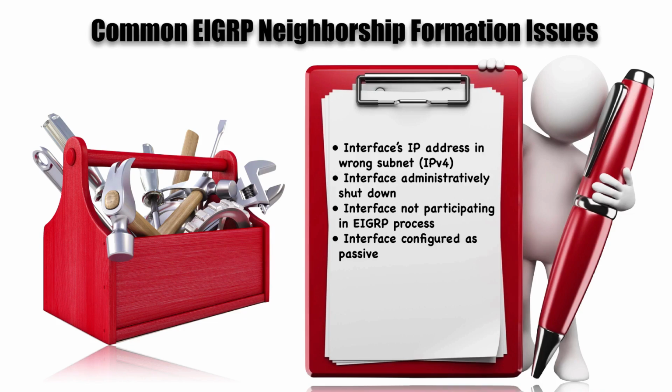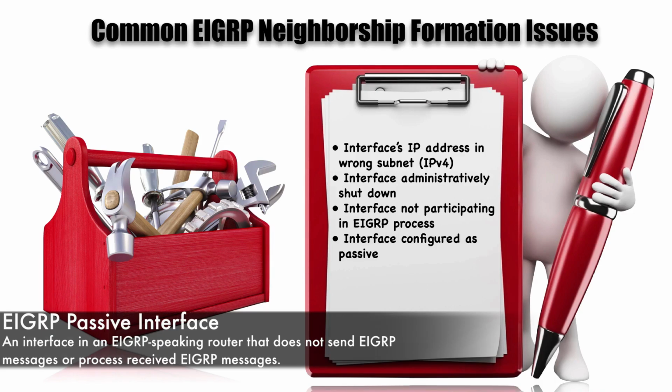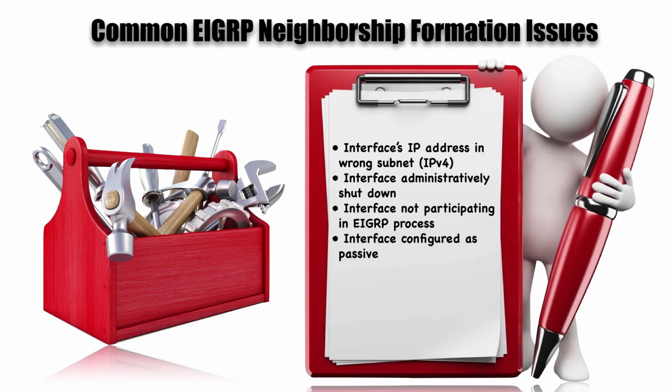Maybe we have an interface configured as passive. Now, remember what a passive interface does? A passive interface can still have its network advertised by the EIGRP routing process, but that passive interface is not going to be sending EIGRP messages. We're not going to form a neighborship over an interface that's operating in a passive mode.